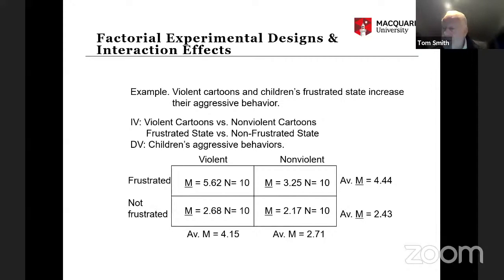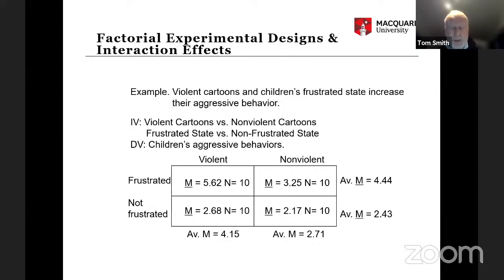Children are smart enough to know that it's just make believe, and it doesn't affect their behavior. What's really important is whether children suffer from frustration or not. What if children are frustrated by their health condition, their surroundings, or the family situation? If the children are frustrated, then that makes them very aggressive.